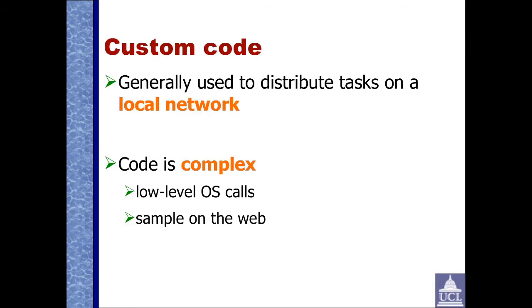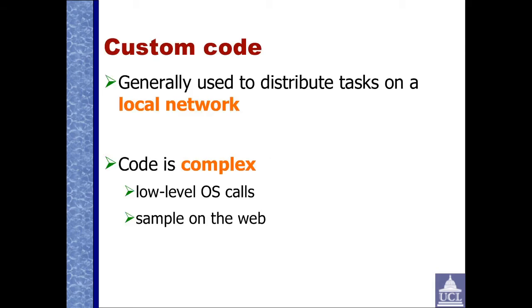The next approach is to use some sort of custom code. I'm only including this really for completeness because it's complicated. It's not really something that people tend to do when they're doing web services, but sometimes it can be useful when you're writing something locally that is sharing a load between multiple computers.